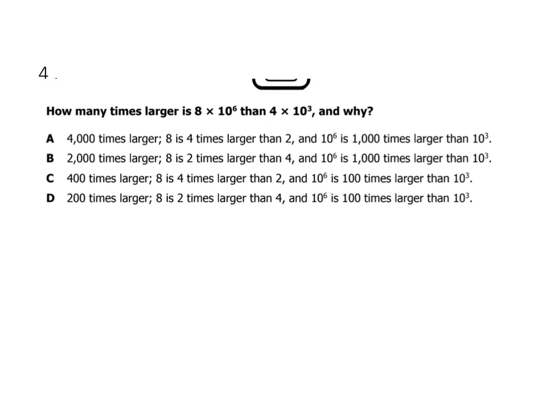Number 4, how many times larger is 8 times 10 to the 6th than 4 times 10 to the 3rd, and why? Okay, so we can set it up as a division problem. 8 times 10 to the 6th divided by 4 times 10 to the 3rd.